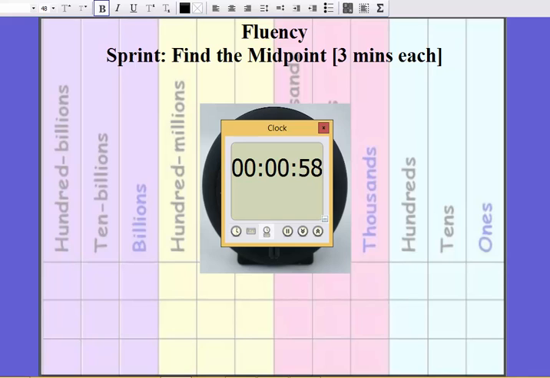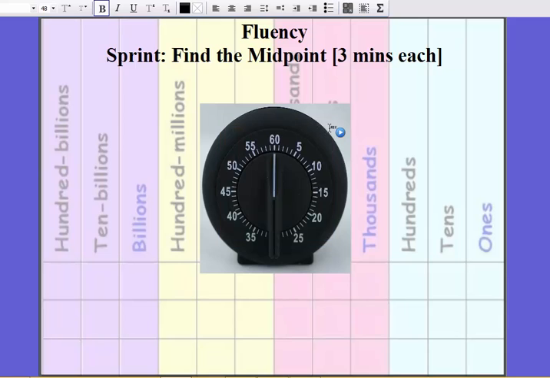You're at your 1 minute mark. Alright, and then put your midpoint fluency activity to the side.